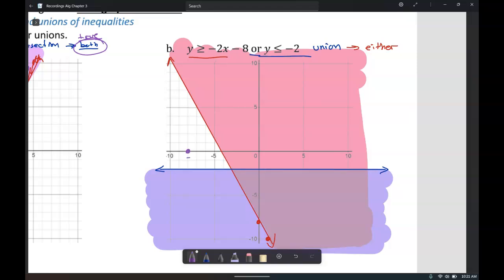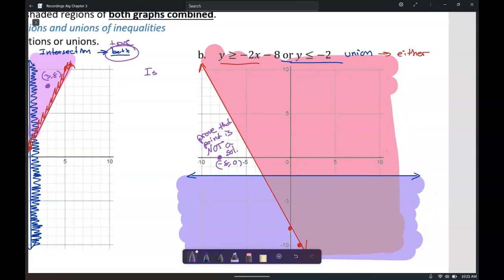We want to make sure that the point (-8, 0), or any other point in this region, is not a solution. Which means we should substitute it into both inequalities and make sure that we get a false statement.